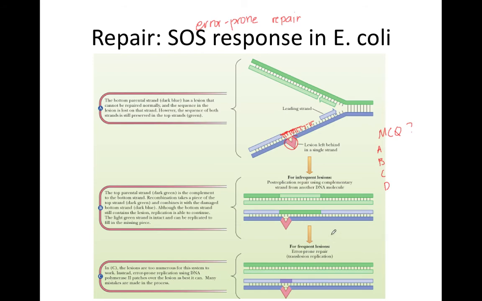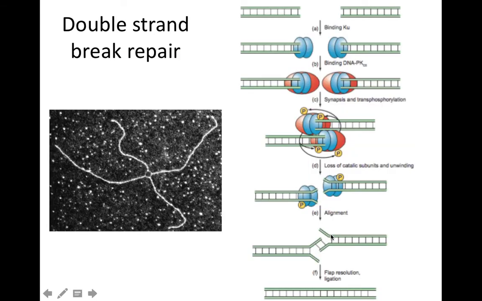Now, what if you have a double strand break? If you have a double strand break, recombinational repair is needed. We're not going to discuss in detail the mechanism of recombinational repair, but the point here is, if you have a double strand break here, it is joined to another DNA strand, and you will be hoping that this repair mechanism restores the real sequence of the DNA.